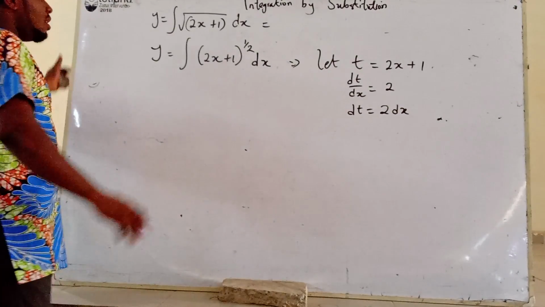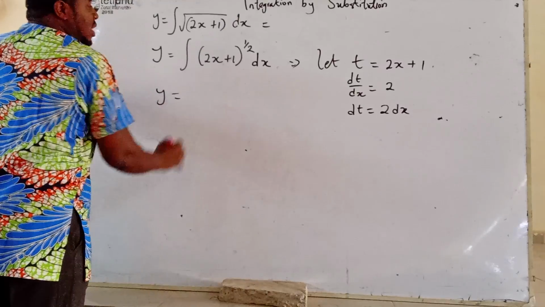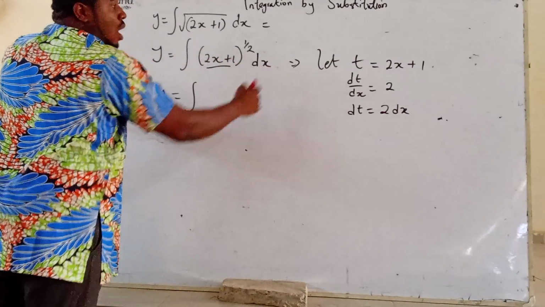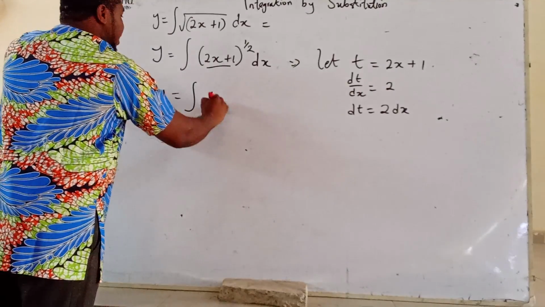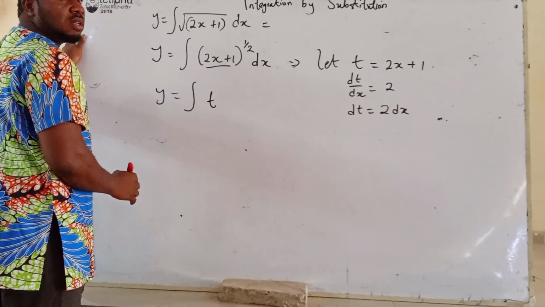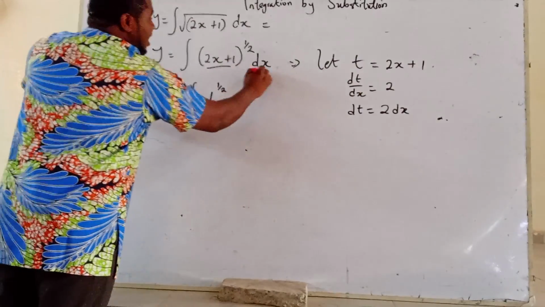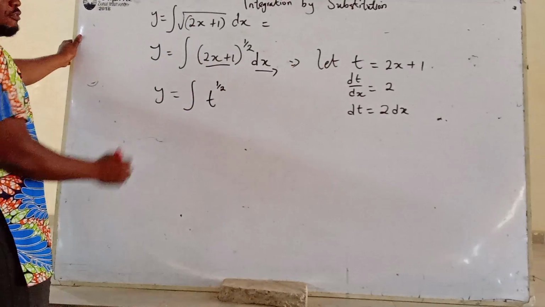For instance, my y will now become the integral of, instead of all this, I can put t. So it's t raised to 1 over 2. Now instead of the dx, what do I have?